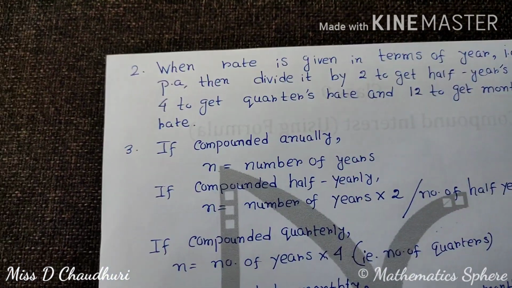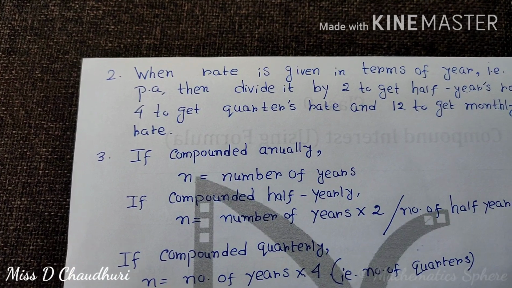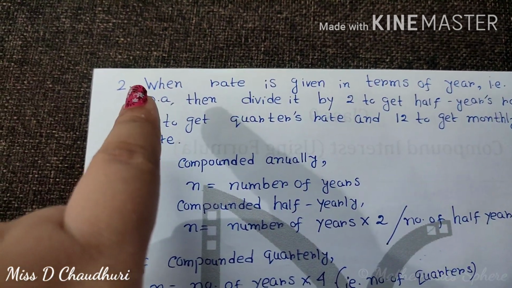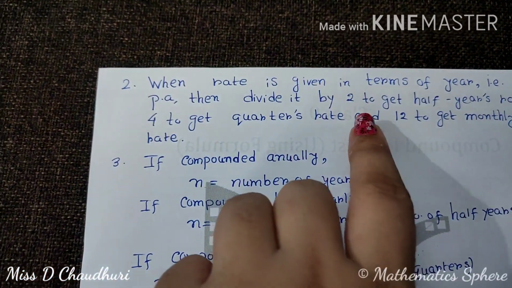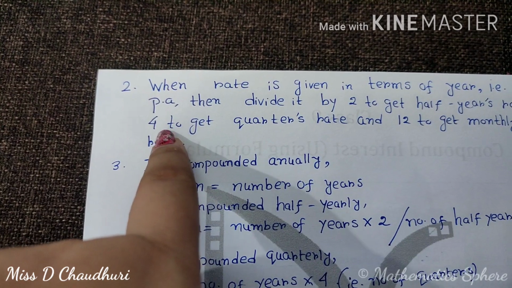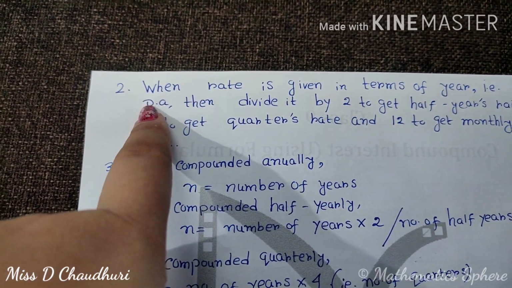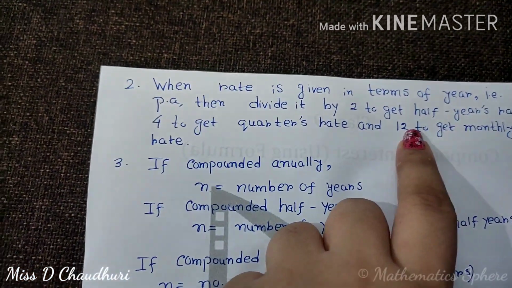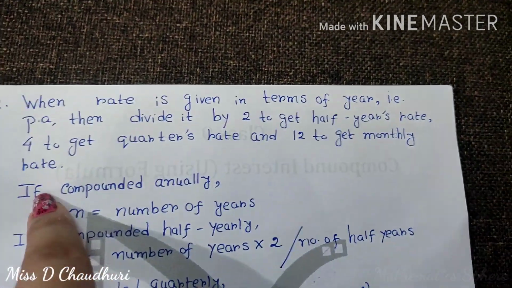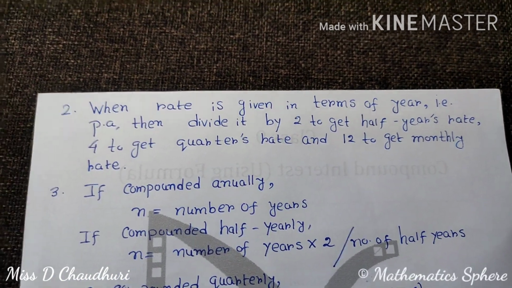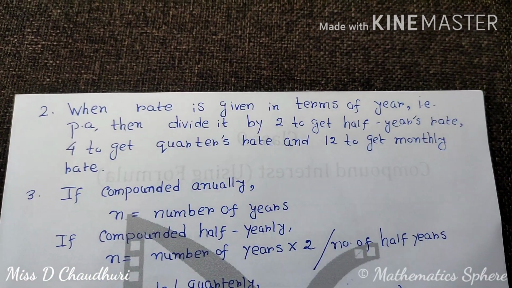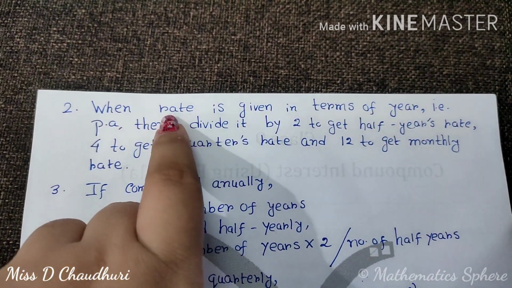If it is already given per half year and per quarter, there is no need to divide. But if they give it per annum, which is done in most of the questions, then you will divide it by 2 to get the per half year rate, and by 4 to get the per quarter rate, and eventually you are going to divide it by 12 if they ask you for monthly rate. Because you are not going to pay for the whole year if it is given for a month or a quarter. No, it is a general concept, so don't forget to change the rate.